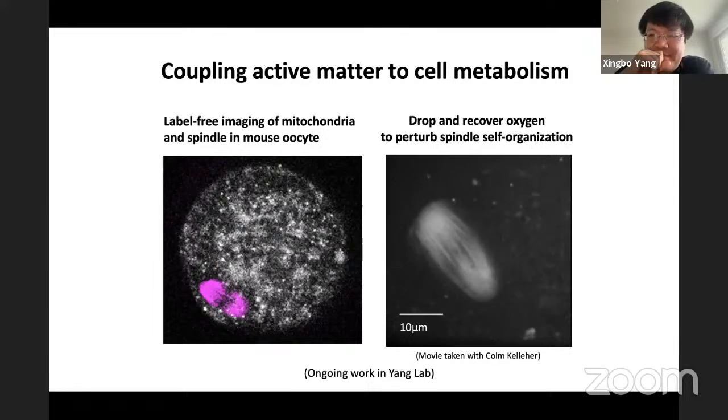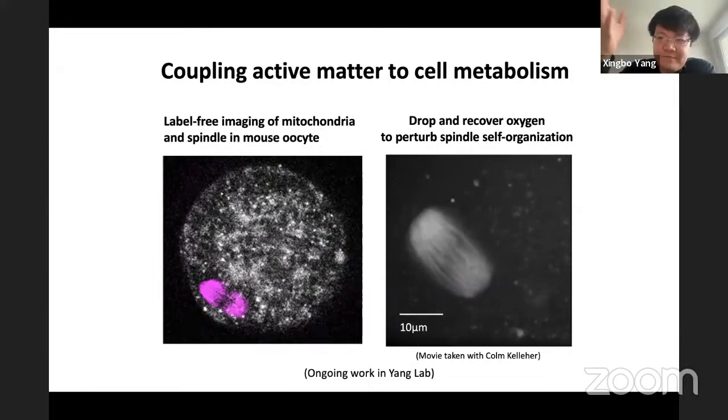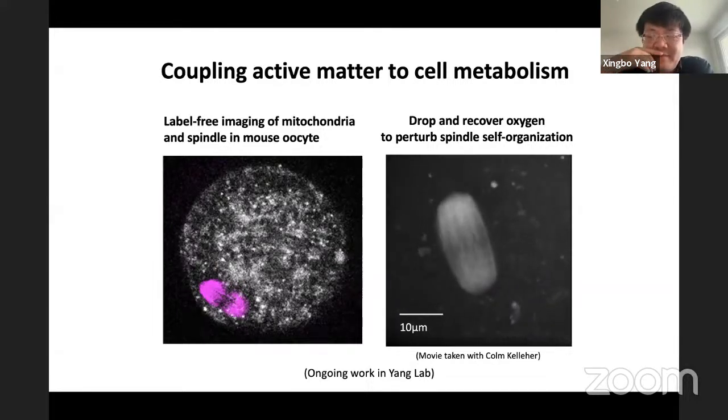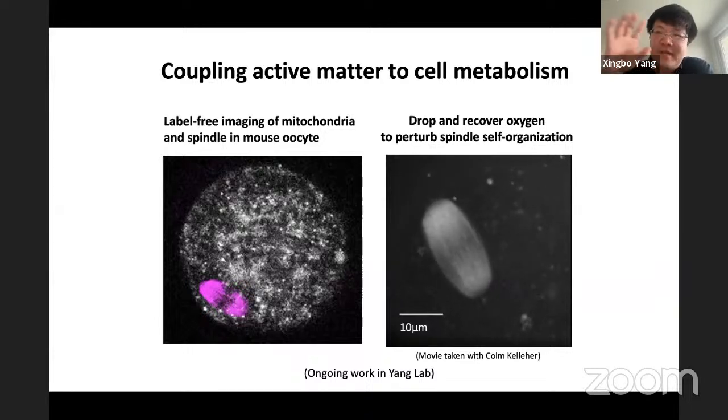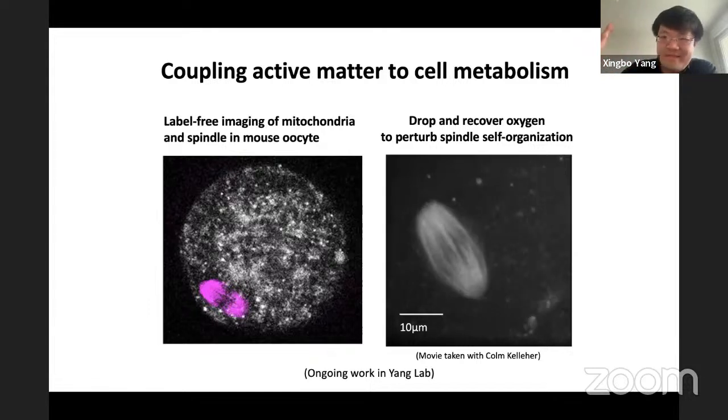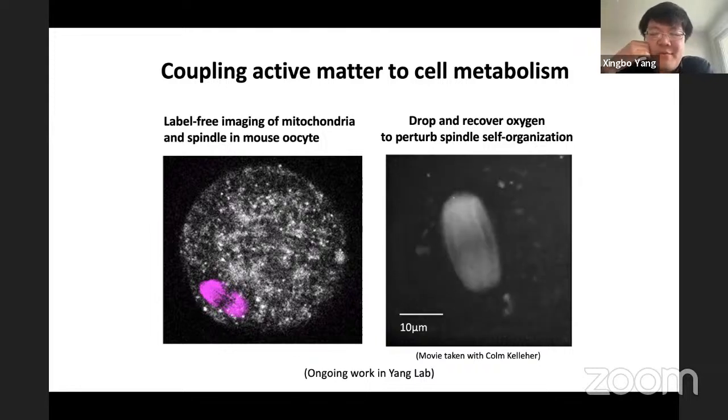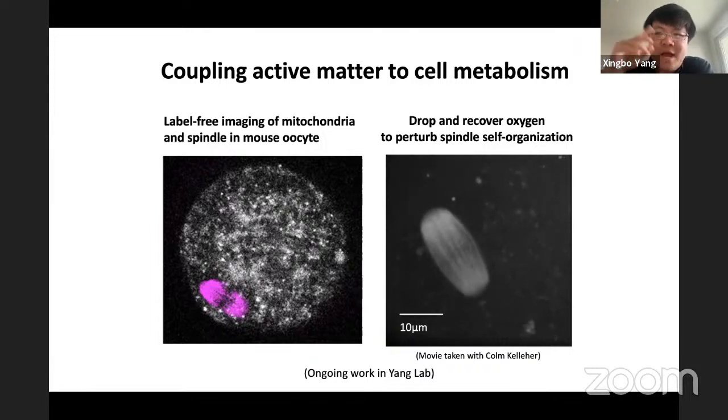I want to emphasize a bit. HIF factor, for people who don't know, is a transcription factor, also related to signaling. When the oxygen is low, HIF can be activated, translocated into the nucleus, and upregulate transcription, etc. Here, a lot of the perturbations I will be talking about today, including this one, are very fast, very acute perturbations.